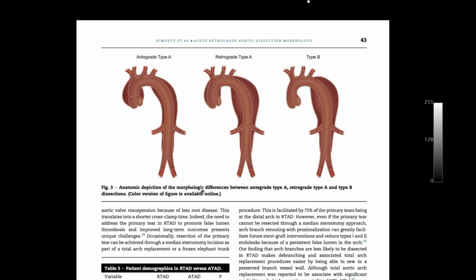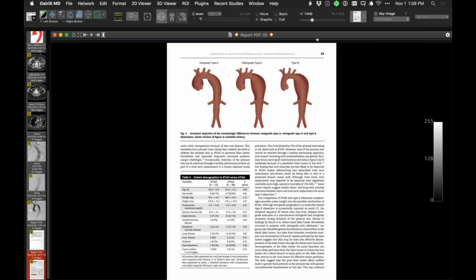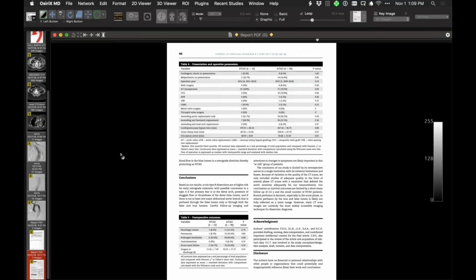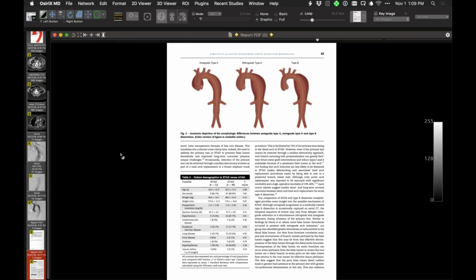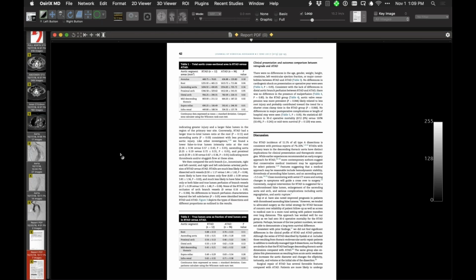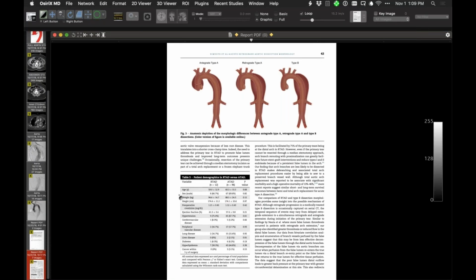Got it. Yeah. And Seth wrote an article in Radiology with his Maryland group on clarifying type A versus type B, just with the involvement. But yeah, this is a nice distinction with the retrograde involvement because it's secondarily affecting the ascending aorta. Yep. Yep.